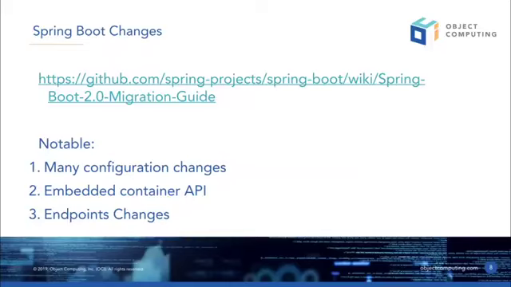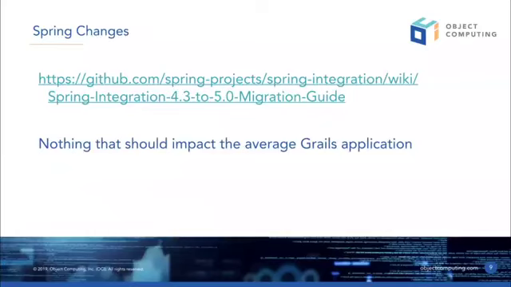So if you have any plugin or your application is modifying the embedded container, you'll likely have to change some of that code. Also endpoints. They revamped a lot of the code surrounding endpoints, which allowed them to add some new features and also changed the way that they're configured. So if you're using Spring Boot endpoints and configuring them, then you'll likely need to make some changes there in order to continue.